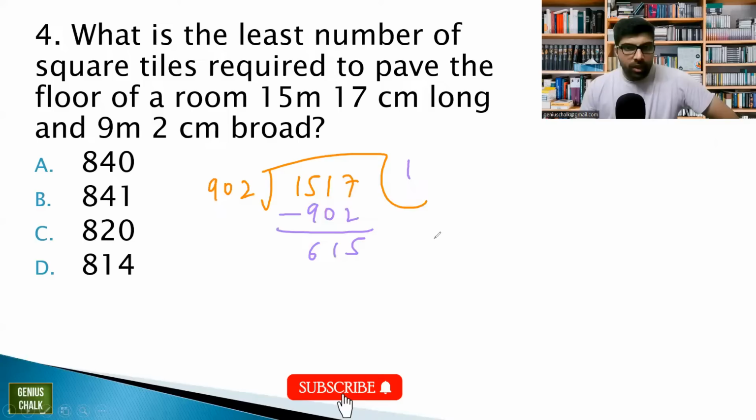Afterwards, this becomes the divisor. It should be 615 only. 12 minus 5, 7. Here it will be like 85, and 202.